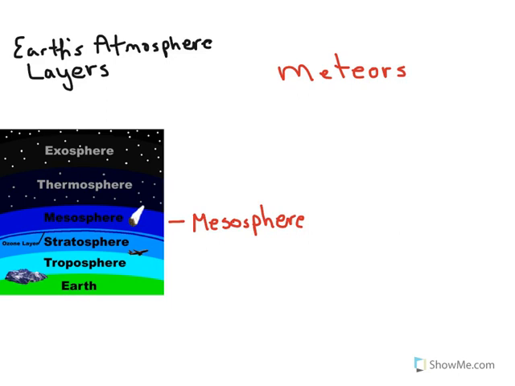Now the mesosphere returns to the same trend we saw with the troposphere. As you travel higher, the density decreases, and there is no absorption of light, so the temperature decreases as well. So the mesosphere is very much like the troposphere in terms of how the temperature behaves with altitude.